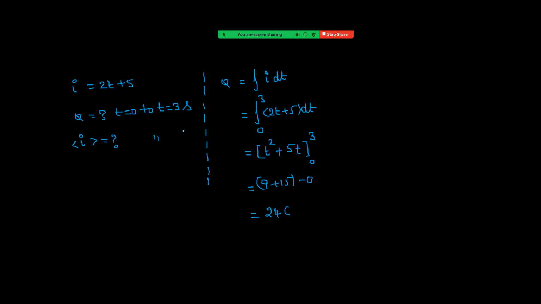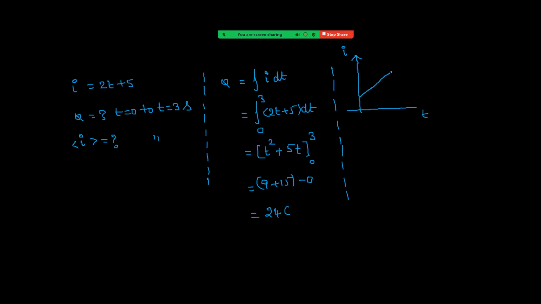Okay. And students, remember, since we have taken integration, the same thing we can do by taking area under the graph. Let us see how we take that. Solve the same thing by using area under the current versus time graph. This is the current and this is the time. Now 2t plus 5 means having positive intercept and positive slope.